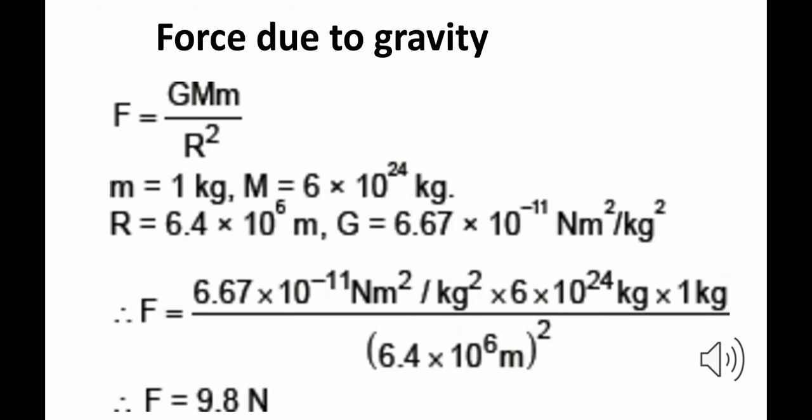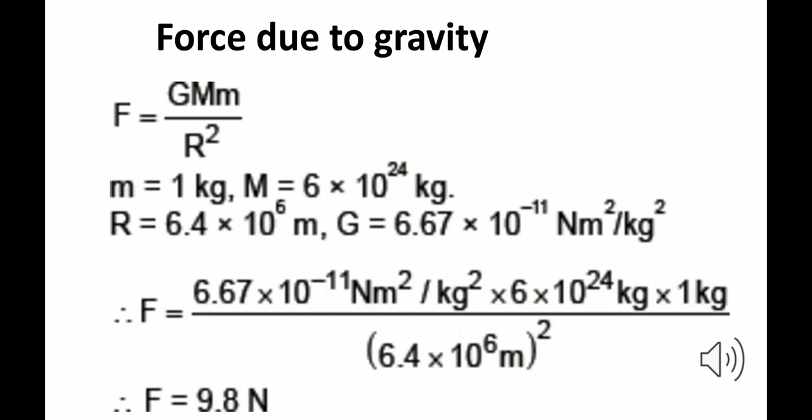It is 5 point something, which has been approximated as 6 into 10 to the power 24 kgs. The distance between the center of the earth and the center of the object will be 6.4 into 10 to the power 6 meters. And the value of G we know, 6.67 into 10 to the power minus 11 Newton meter square by kg square. So let us substitute all the values. When we calculate all this, we'll get F is equal to 9.8 Newton.